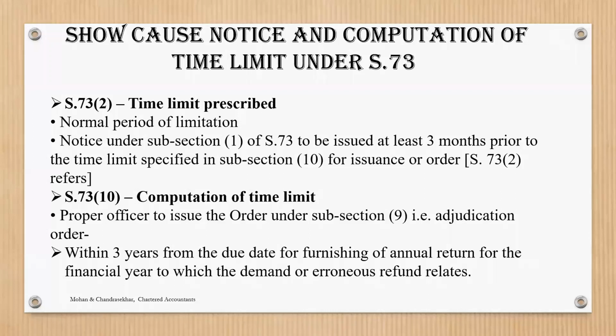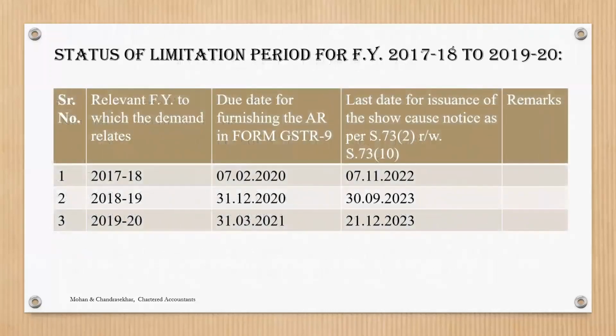Notice under Section 73 has to be issued 3 months prior to this due date. I have given an example. For 17-18, the due date of filing annual return was 7/2/2020.